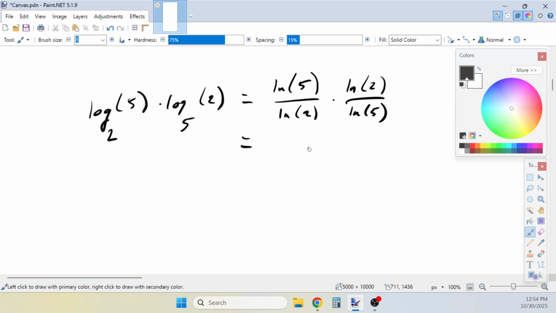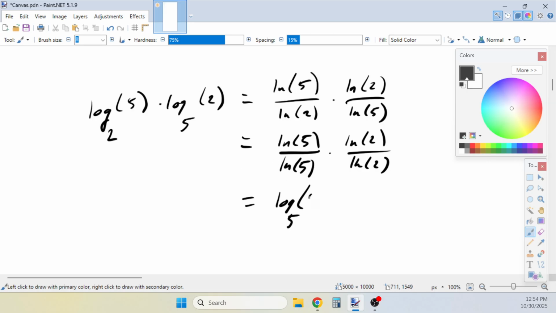I just switch which fraction is which. Technically, I could just cancel there, but for the purpose of showing the swapping, change of base formula, log base 5 times the other.